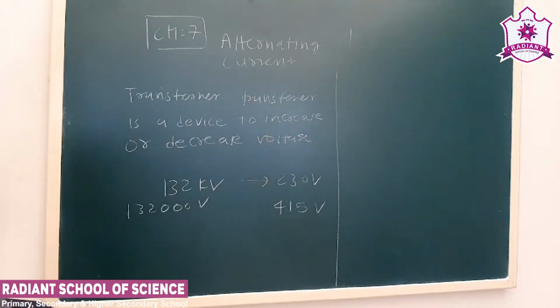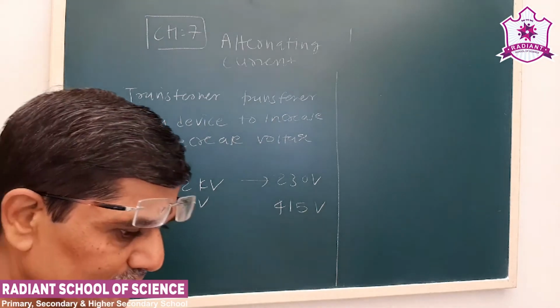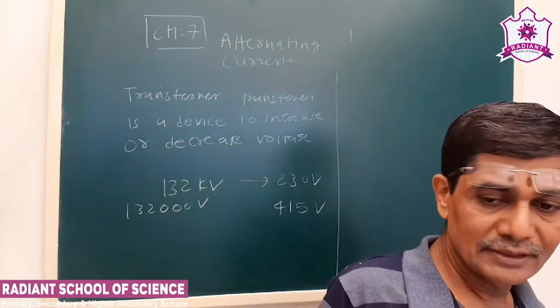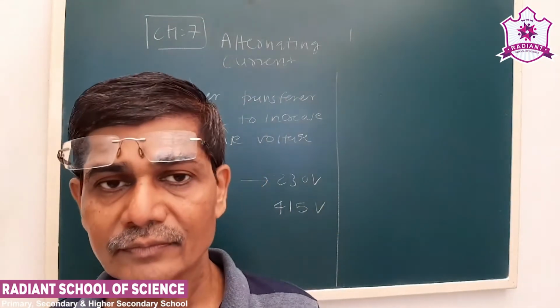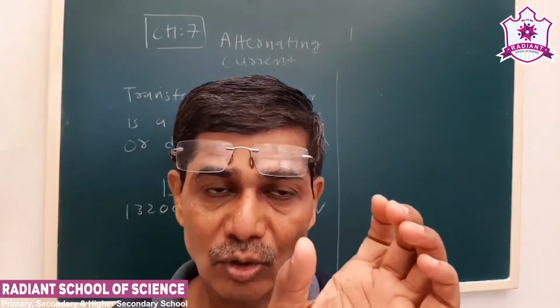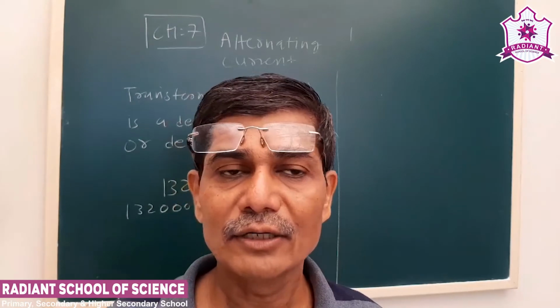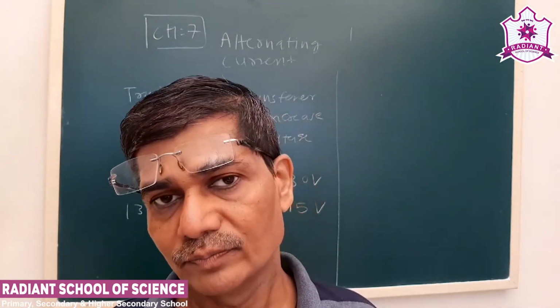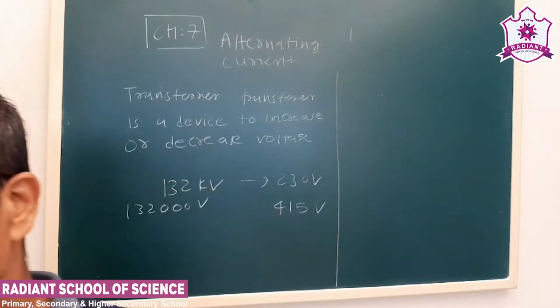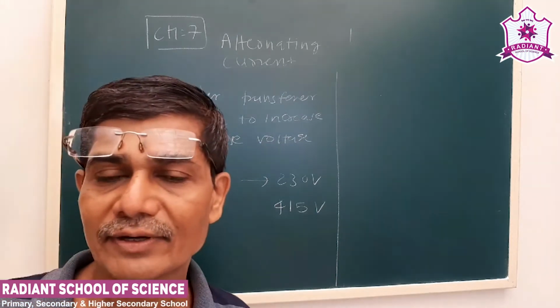So there is a need to decrease the voltage, and that can be done by a device called a transformer. The size of a transformer varies from a matchbox to a very large one, like the size of this room, and it has different ratings.